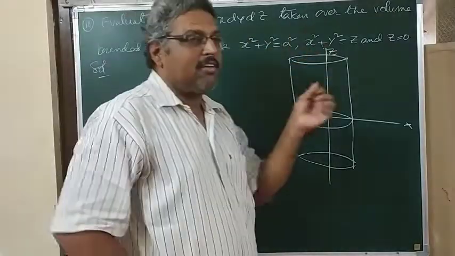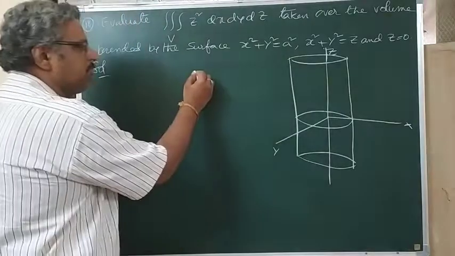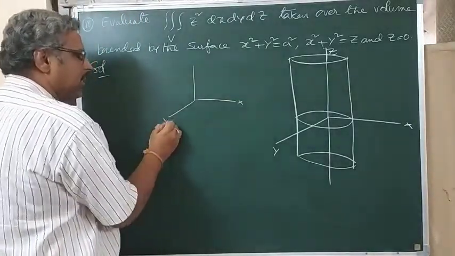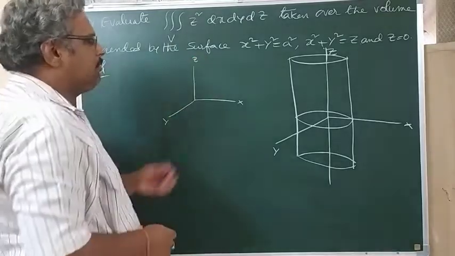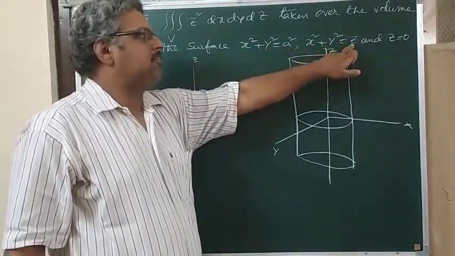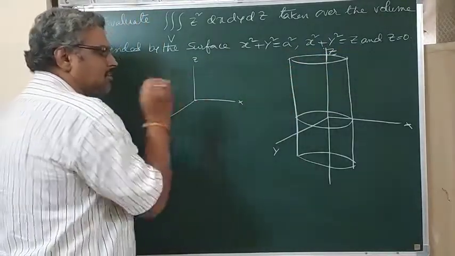Now the second one is x square plus y square equals z. Suppose in this surface you put z equals 0, it is a point.